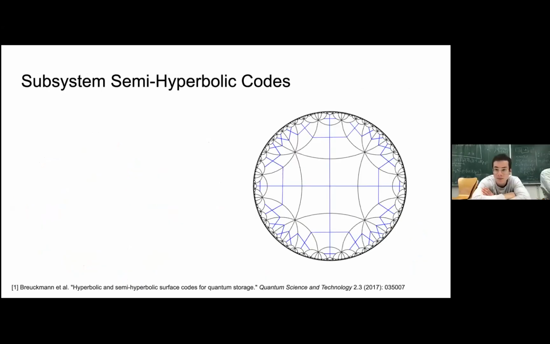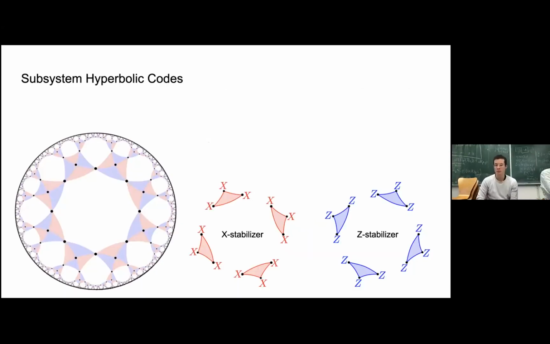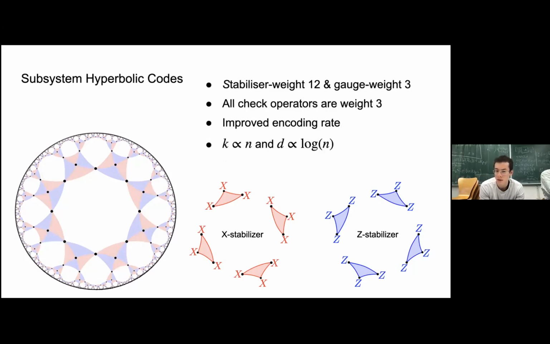Right, I have one question there. So your parameters in the scaling of the distance and the encoding rate, is it different to the non-subsystemized version?